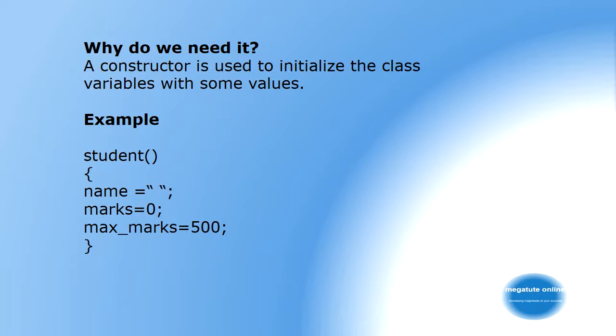Into the string variable, we are assigning space, and into the numeric or integer variable, we are assigning 0. We can also assign some fixed values to some variable, like in case of the maximum marks. In the previous video, we have seen this example where we needed maximum marks, and the value of the maximum marks should be 500. So we have done that over here. All right. So this can also be done. You can assign a value also. You can assign a 0 and space to the string variables.